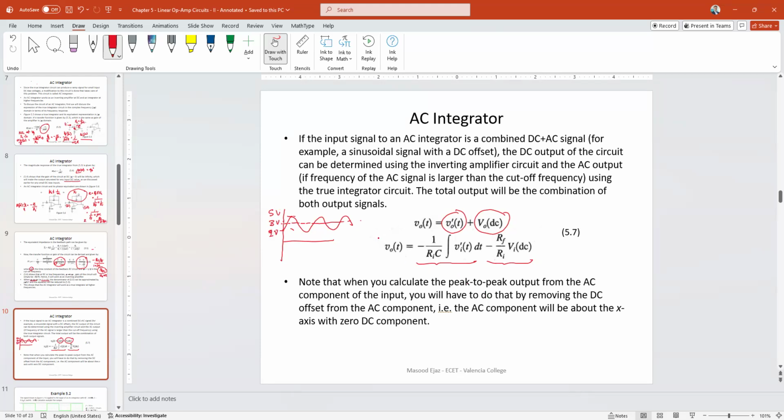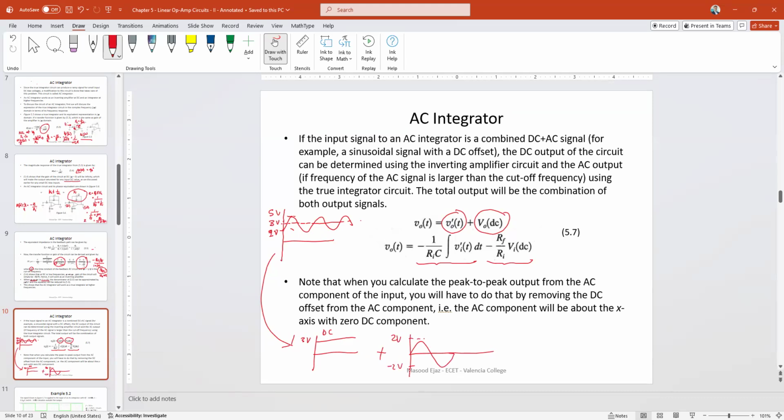So it's going between 2 volt and negative 2 volt, but it has a DC offset of 3 volt. So you can divide this into two signals. You can have a DC signal of 3 volt, and then you can have an AC signal, which is a sinusoid of 2 volt peak, between 2 and negative 2.